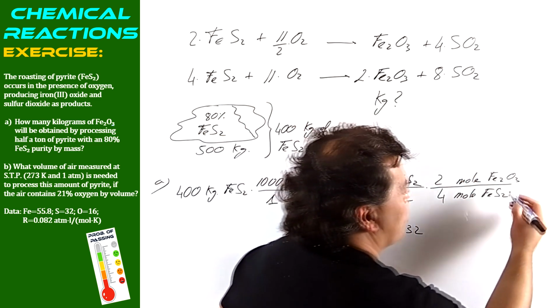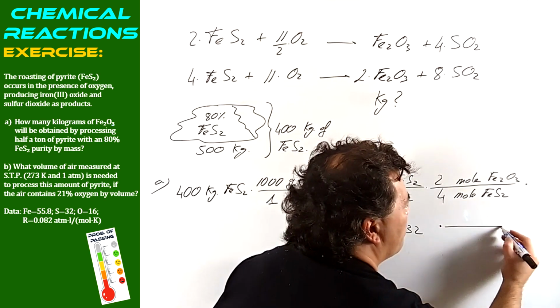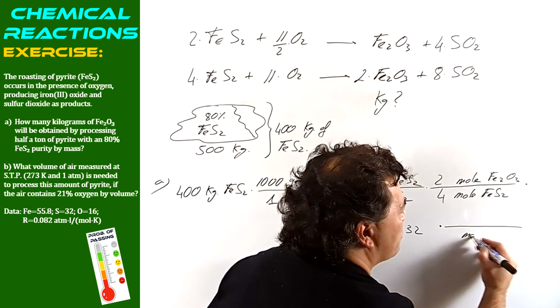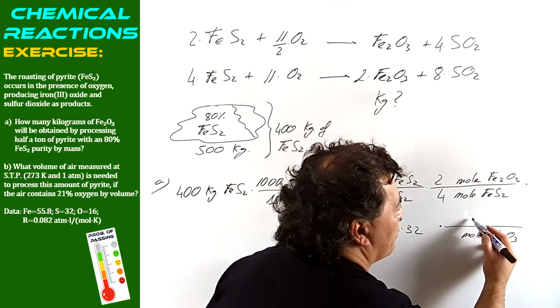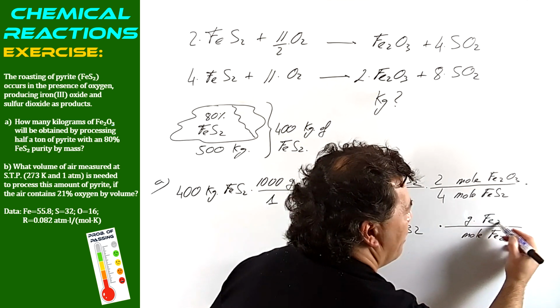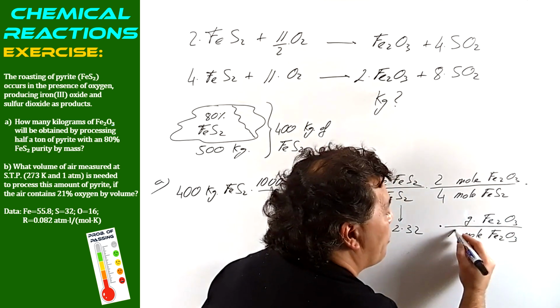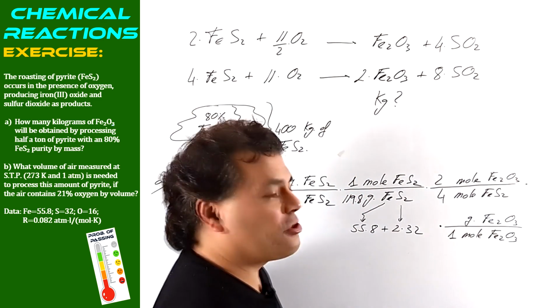And our last conversion factor will help us to move from moles of iron 3 oxide to present the result in the form of grams of this substance. Okay? With 1 mole, as always, we will have done this conversion factor.